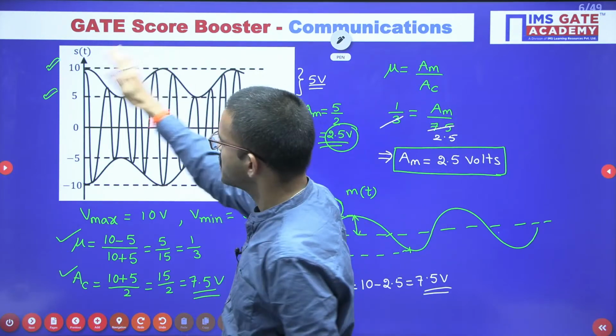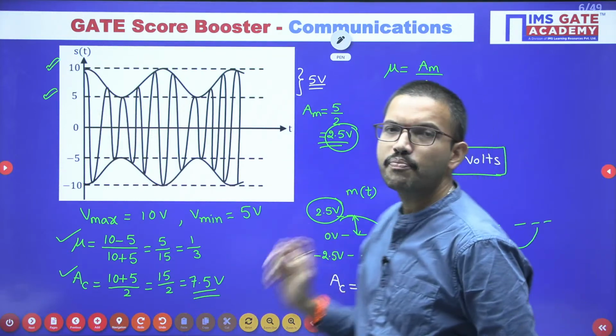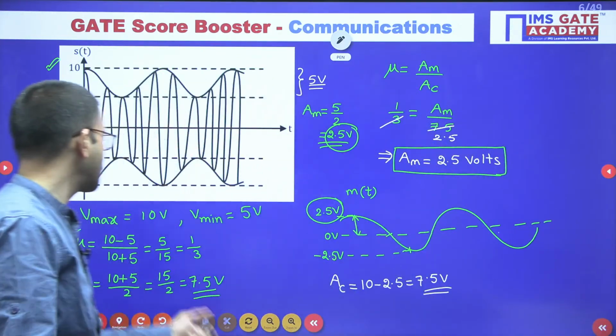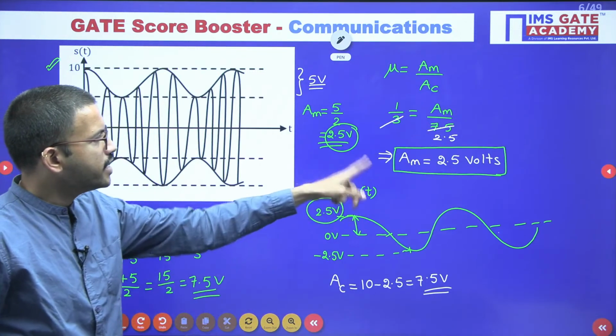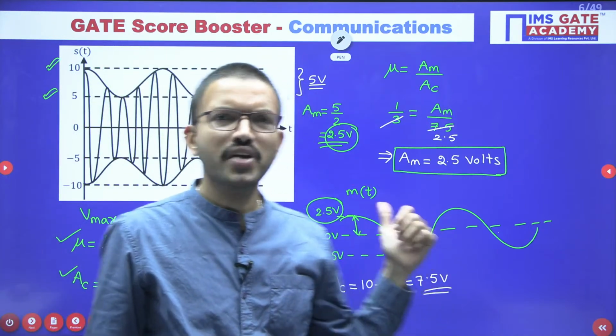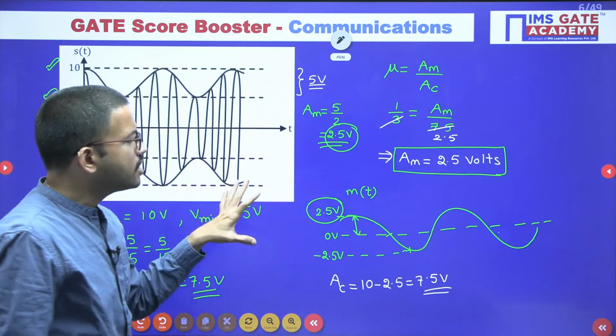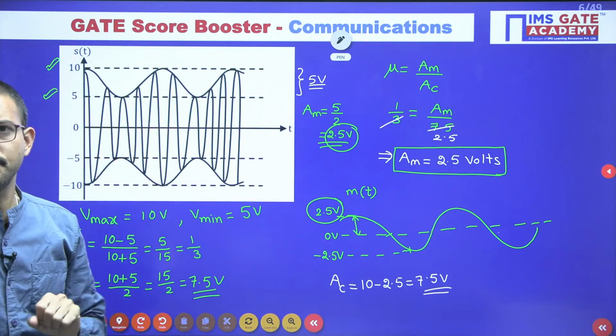So 2.5 plus 7.5 is 10, so 7.5 volt is the carrier signal amplitude. I hope it is clear. Whatever we got earlier, same values: AC is 7.5, AM is 2.5. So in this way, without using pen and paper, you can get the message signal amplitude and carrier signal amplitude from the given AM wave.